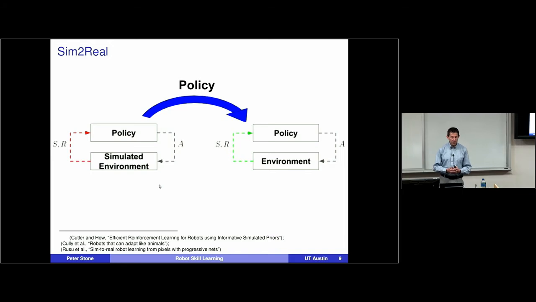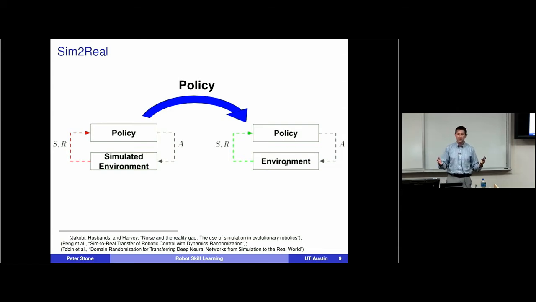There's some work on trying to just transfer the policy directly. Inevitably, that doesn't work. There's a line of work on making the policy or the simulated environment more noisy, so that you're forced to learn a robust policy, which makes it more amenable to differences in the environment.